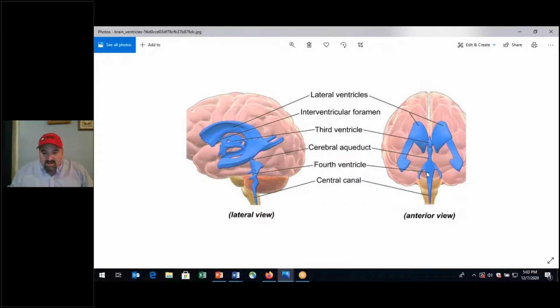And here we have that 4th ventricle, and you'll see the central canal, which passes down the brainstem and into the spinal cord. So these are the areas where we're containing this cerebral spinal fluid. We're producing it, and it's flowing through, and actually it's flowing around in the subarachnoid space of the coverings of the brain and the brainstem and the spinal cord, which you're not viewing here.